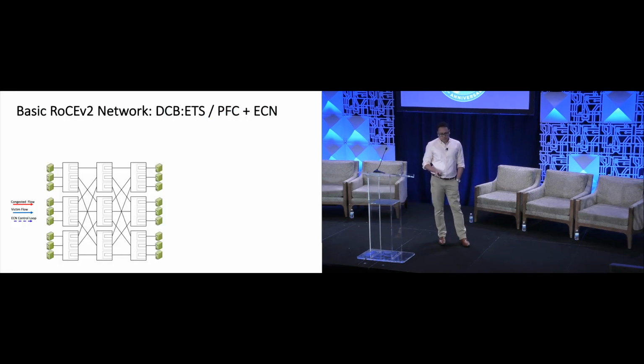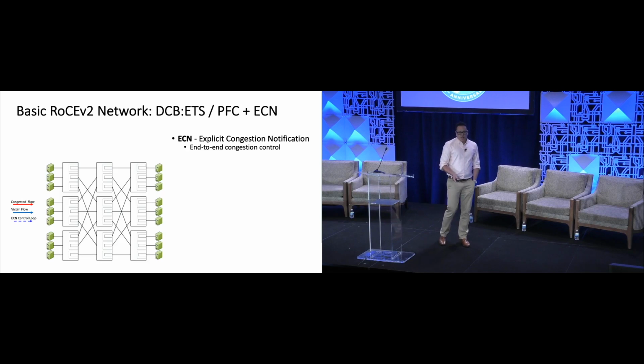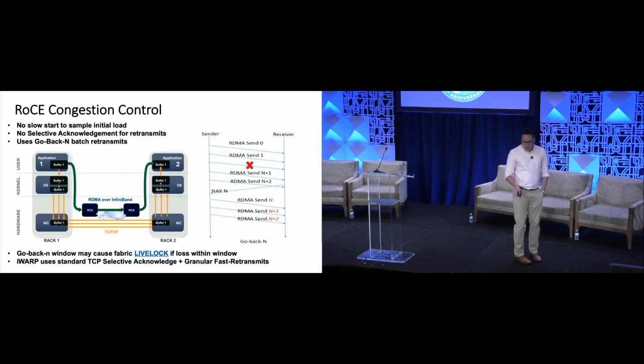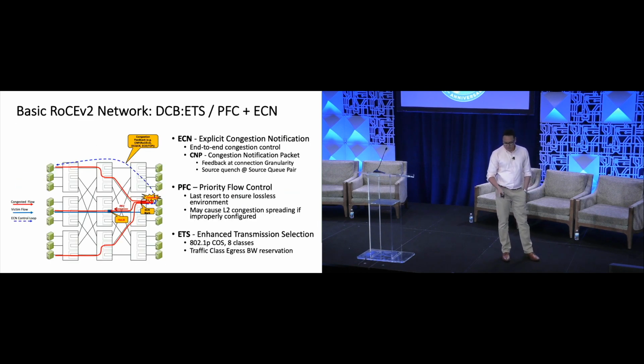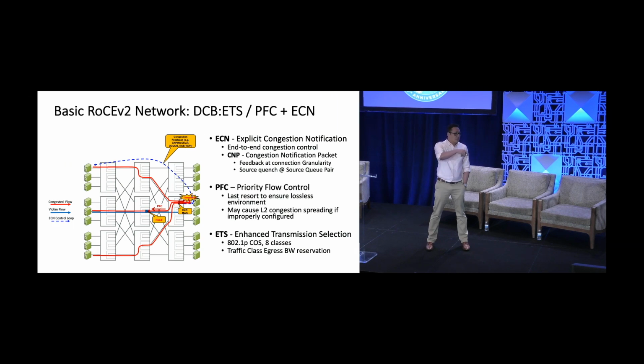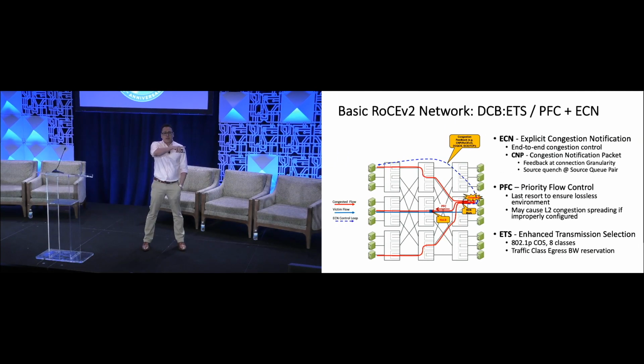So here's a basic RoCE network to give you an example. If you have a flow and you detect congestion on the fabric, in standard ECN parlance, it's going to do forward congestion notification on frames that are transiting any middle boxes.